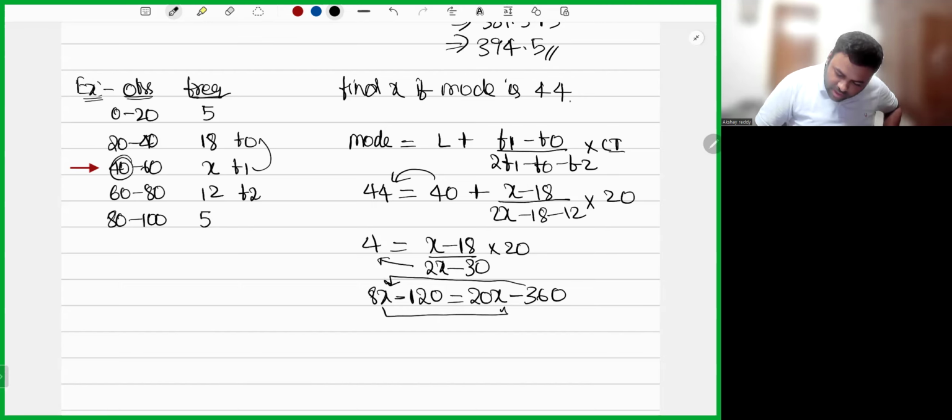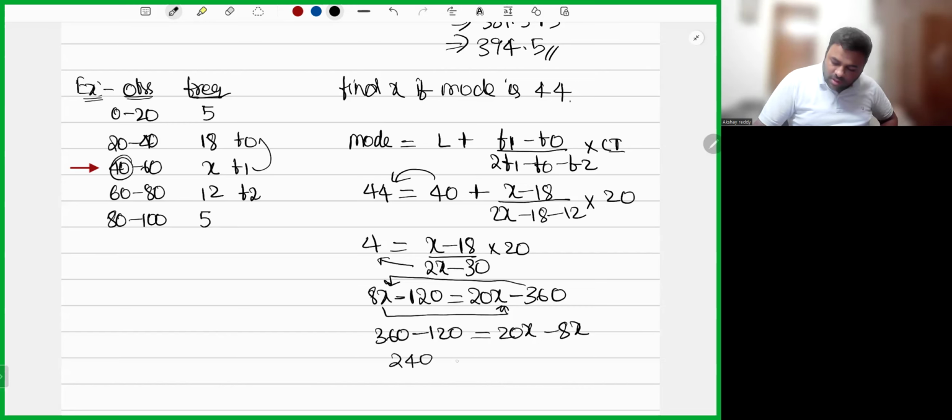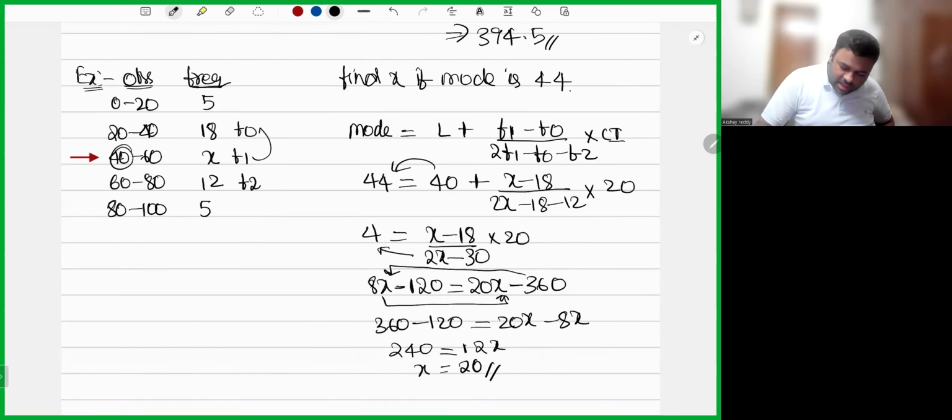So 360 minus 120 is equal to 20x minus 8x. What is 360 minus 120? 240 is equal to 12x. 240 divided by 12, I hope it is equal to 20. Okay. So what is the value of x? X value is 20.